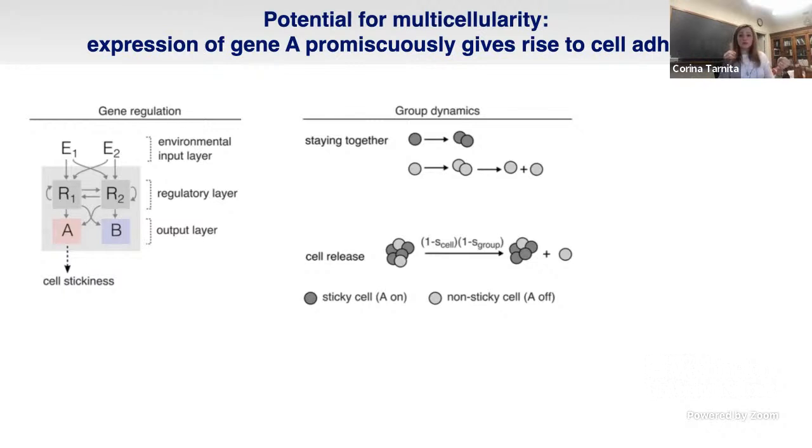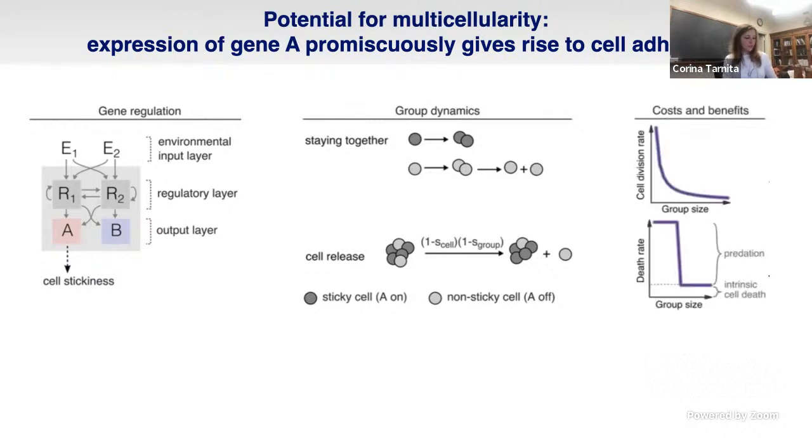But if the cells are sticky, depending on how sticky they are, they might actually be stuck to each other and start to grow a group. And eventually you can think about how cells might be released. So when cells lose stickiness, then those cells might be released from the group, and so on. So you can think about both the formation of the group and the fragmentation of the group when cells lose stickiness.